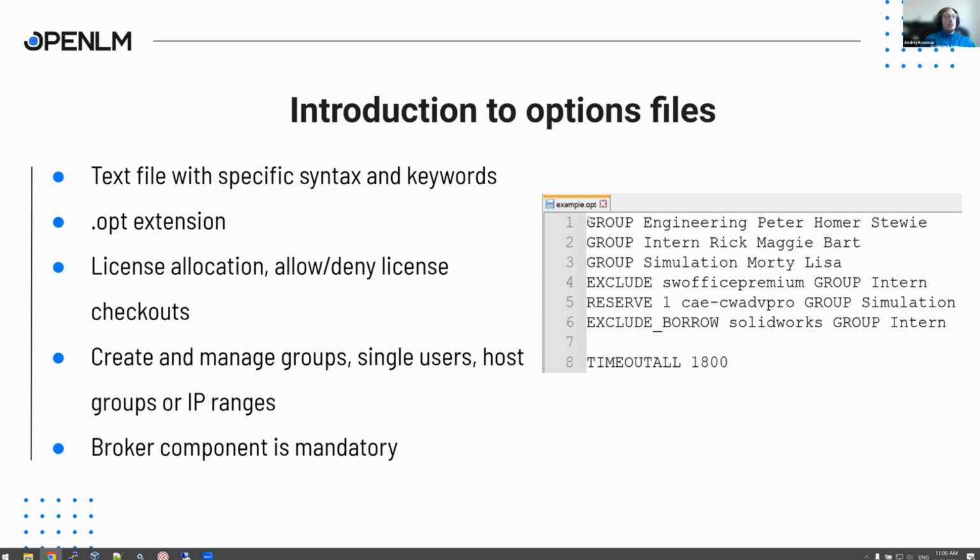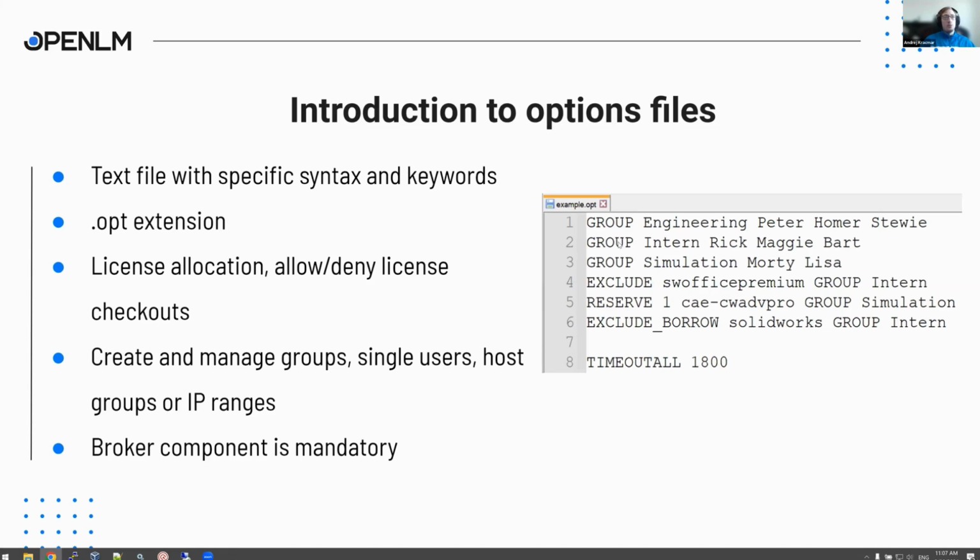On the right-hand side here, we can see a very simple example of the option file. So for example, we can see here the keyword group. This keyword group stands for the name of the group we are creating here. It is followed by the name of the group itself. So in our case here, it's engineering. And the next is the username of every member of this group.